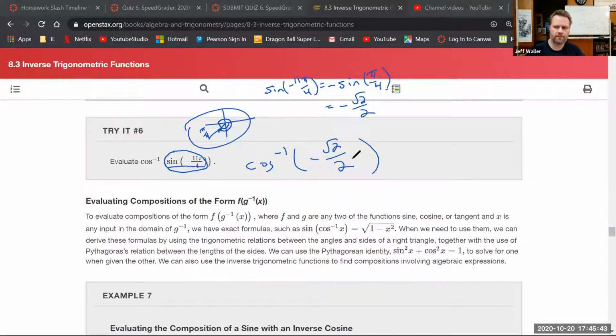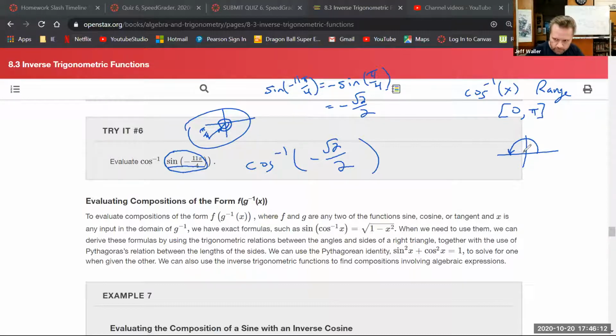So now you have to remember what the inverse cosine's range is, because I'm trying to get an output for this inverse cosine. So of course I have to know what the possible outputs this can have. Like we said earlier, that's 0 to pi, which really means it's the first and second quadrant. The input's negative, so what quadrant will this angle live in?